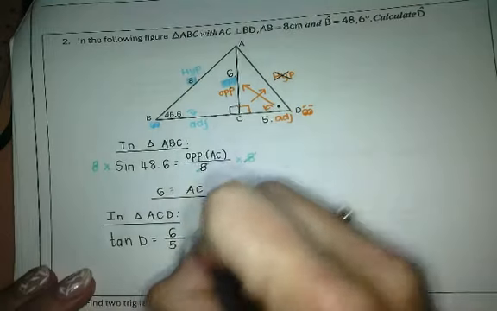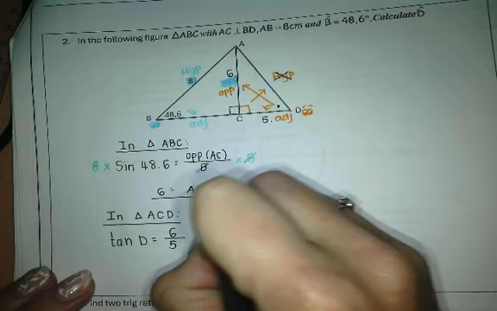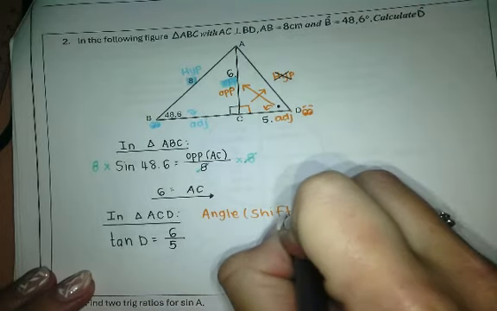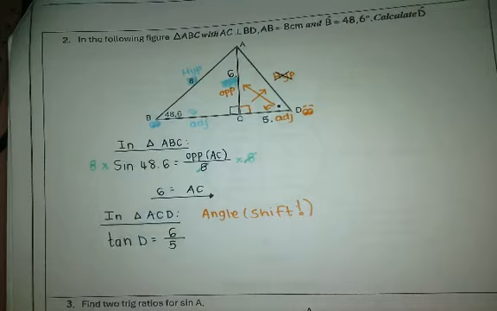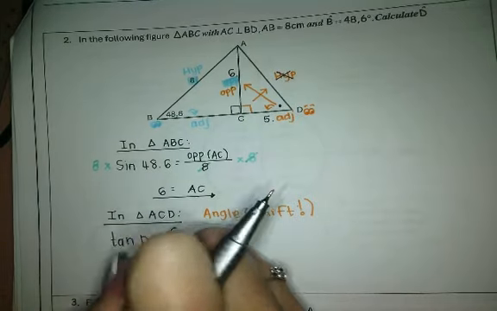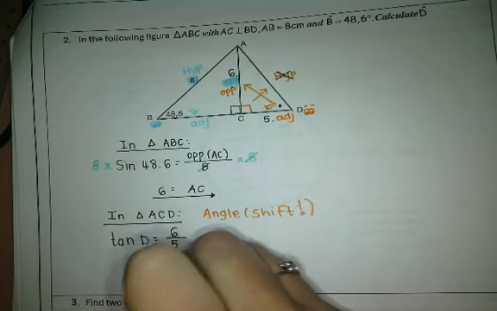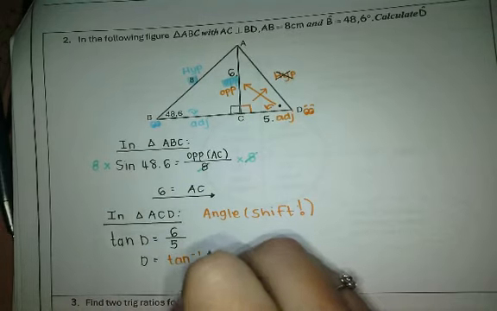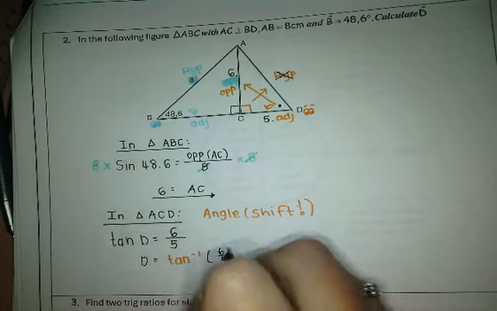We shift. We need the second function. So because we are calculating an angle, we are going to shift. So angle D is going to be equal to tan second function 6 over 5.